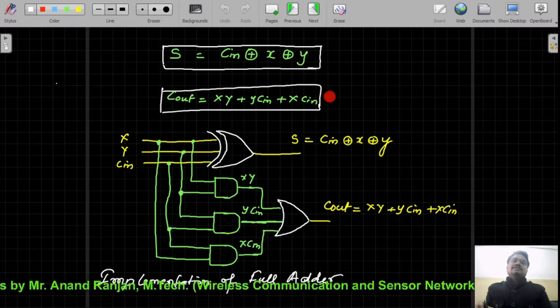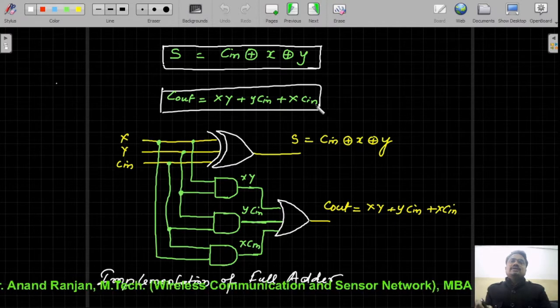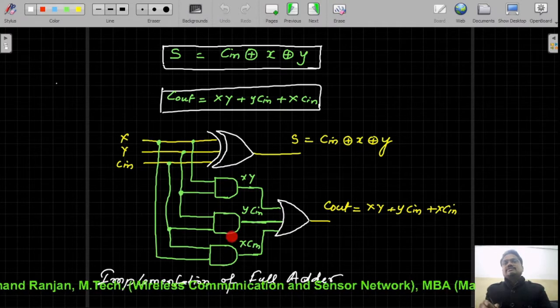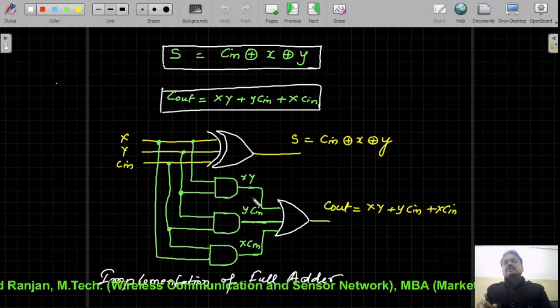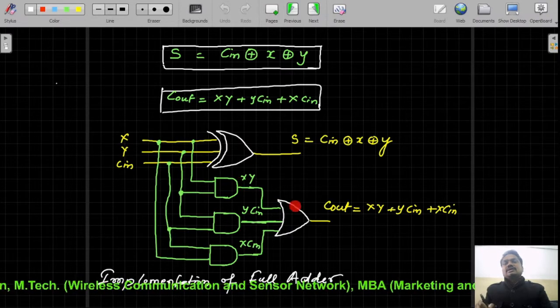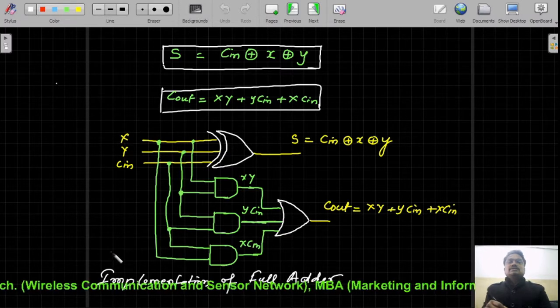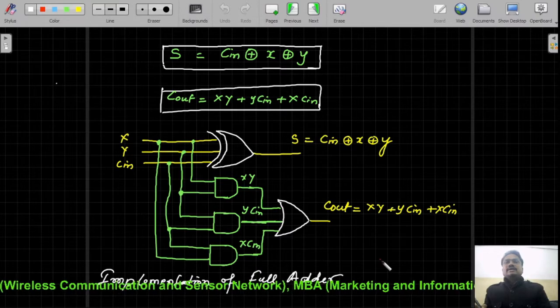To implement this SOP expression we require AND-OR logic: in the first level we implement all the product terms, and the outputs of those product terms are summed using the OR gate. So we implement it in this fashion, and this is the implementation of our full adder circuit.